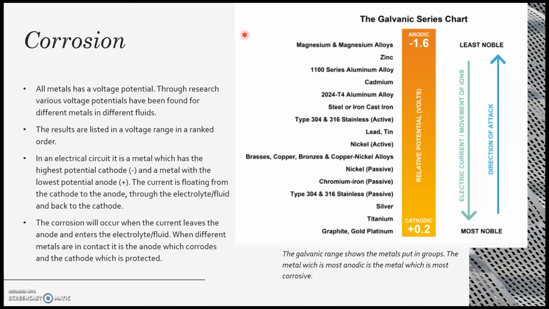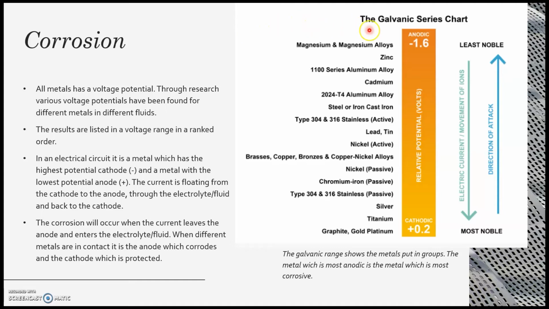The current is flowing from the cathode to the anode through the electrolyte fluid and back to the cathode. The corrosion will occur when the current leaves the anode and enters the electrolyte fluid. When different metals are in contact, it is the anode which corrodes and the cathode which is protected.